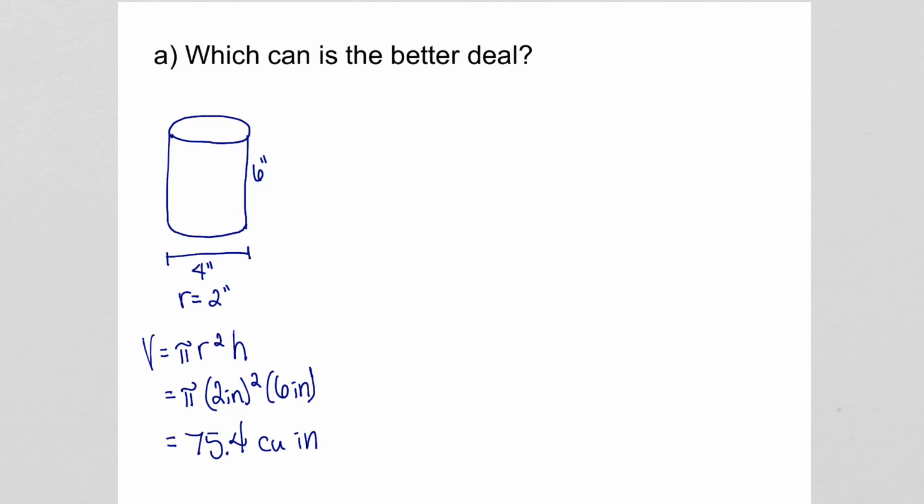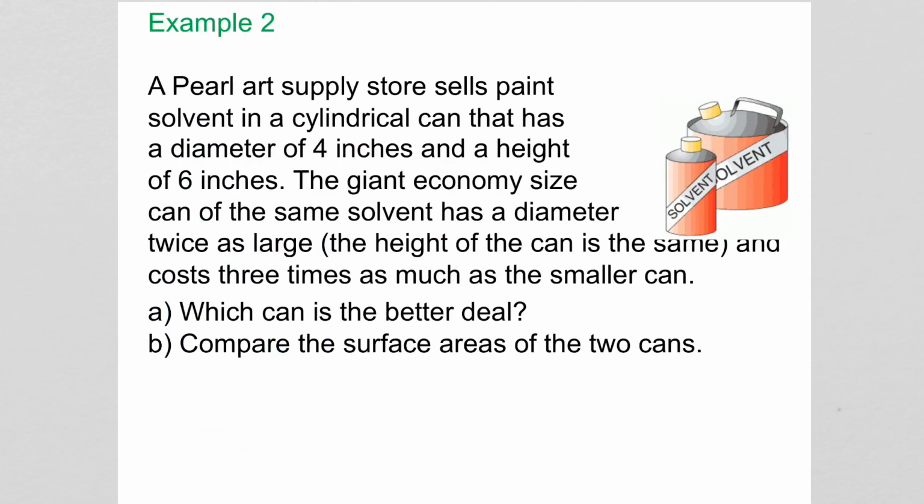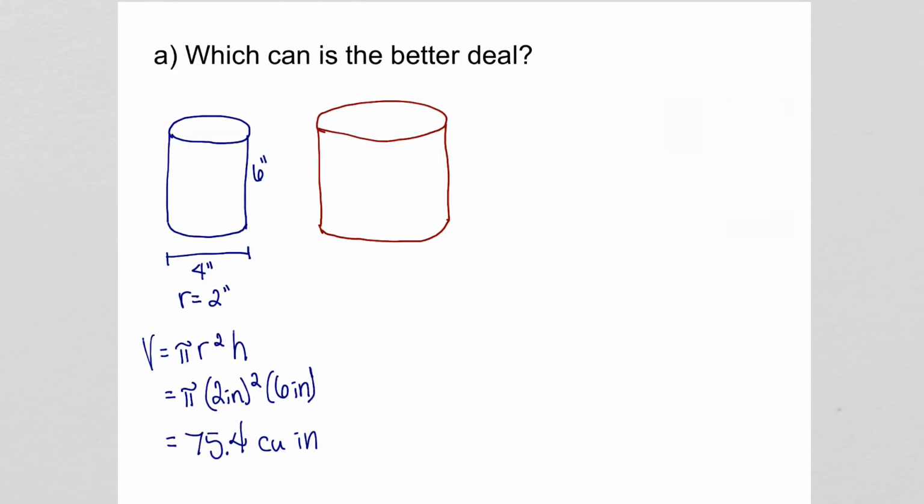Now the other can, it says its diameter is twice that, but it has the same height. So the diameter is 8 inches and the height is still 6.